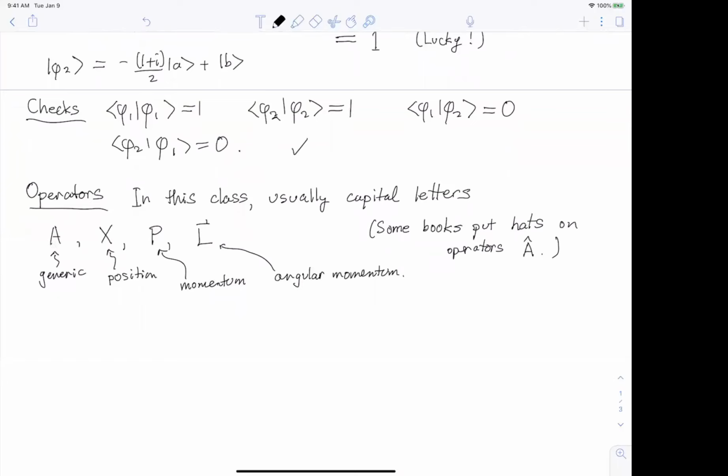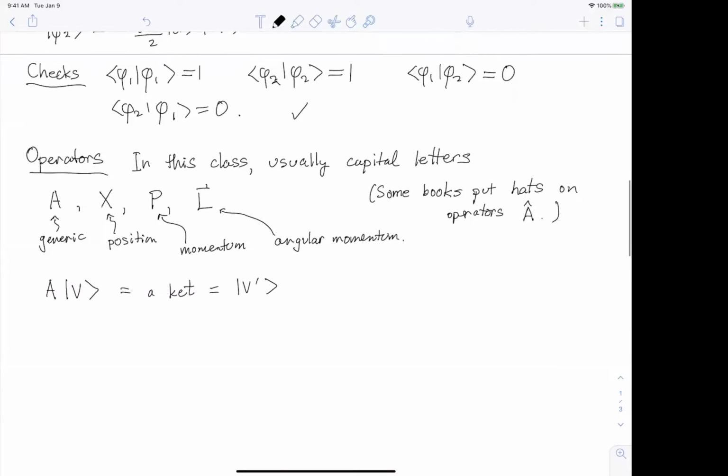Okay, in any case, if I've got an operator, what it does, it acts on a vector or a ket to give you back another ket. So we might decide to call that other ket V prime. It also can act on a bra from the right. So if it does, that's a bra, which I can write as, let's say, V double prime.